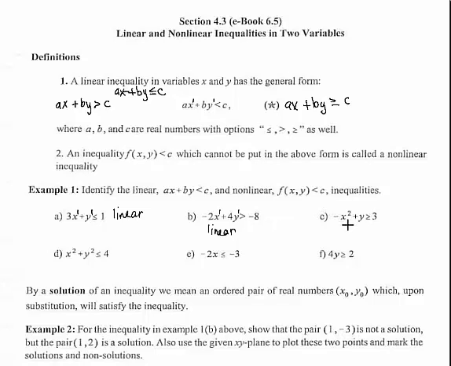But then we get to c, and we see we have an exponent of 2 for the x variable. This is nonlinear. And the same for d. It's just that now the x and the y have an exponent other than 1, 2 and 2. So this is a nonlinear system.